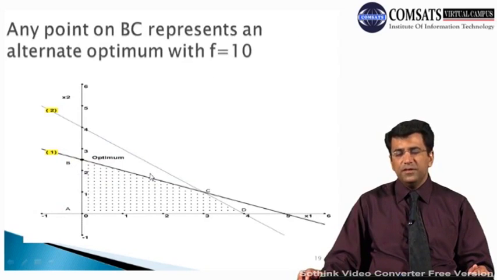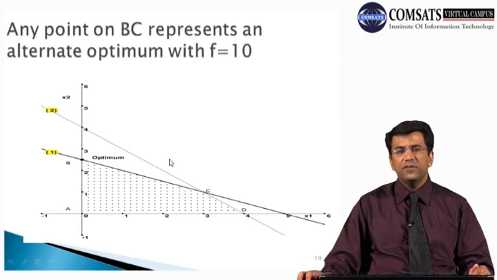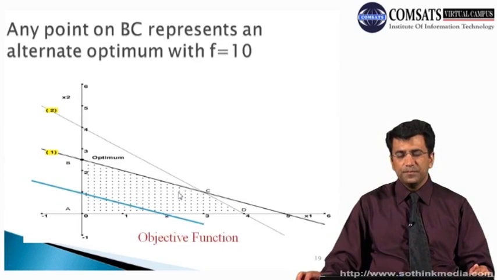Again class, if we represent this problem in the form of a graph by using the graphical method, we can have this sort of graph. Now these two equations are constraint equations.